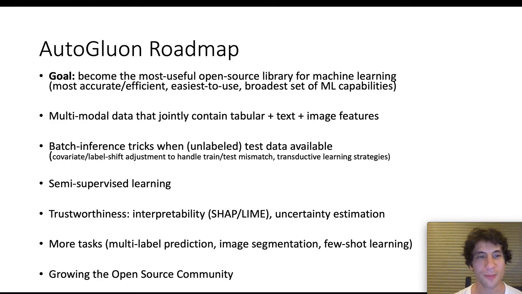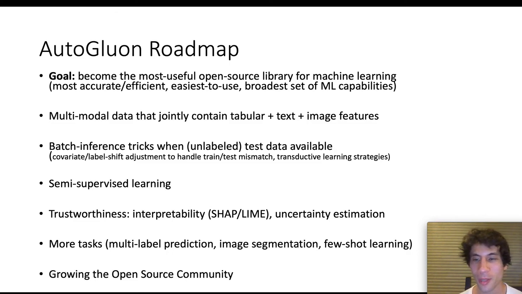We're working on being able to handle multimodal data that might contain tabular, image, and text features all in the same data set. We're working on particular tricks you might use if your test data are available ahead of time, semi-supervised learning, trustworthiness like interpretability or uncertainty estimation to help you place more trust in the resulting trained models, as well as more prediction tasks, as I mentioned before, such as image segmentation, multi-label prediction, few-shot learning, etc.